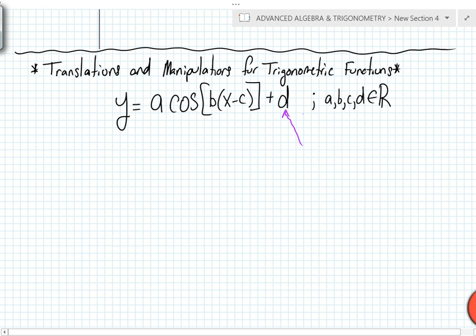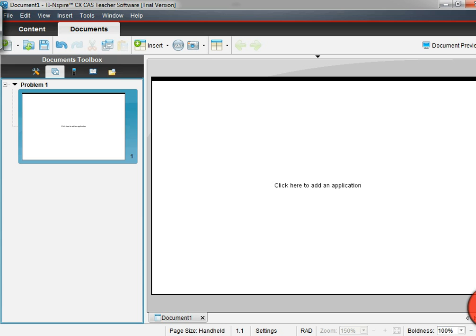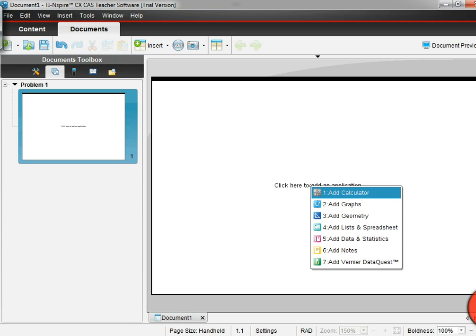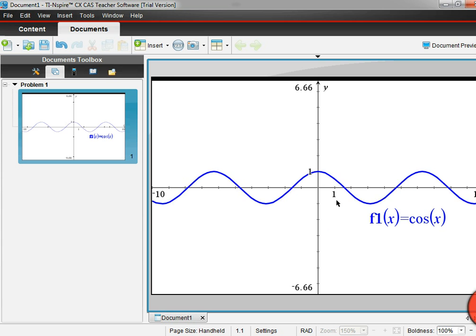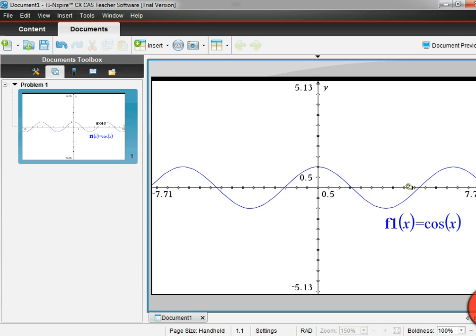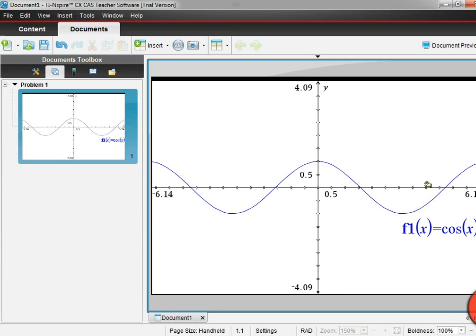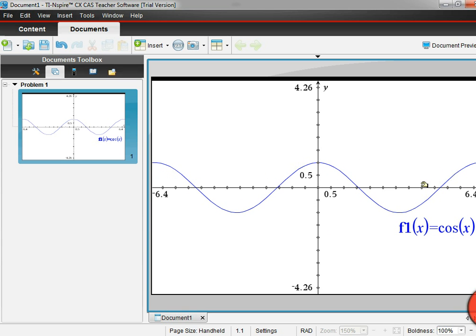So what I'd like to do is go to the graph, and I'm going to pull up the graph, and why don't we use the cosine of x. And if I graph that, I am in radian mode. Let me adjust my axes just a little bit. Notice I'm looking from negative 2 pi to 2 pi.